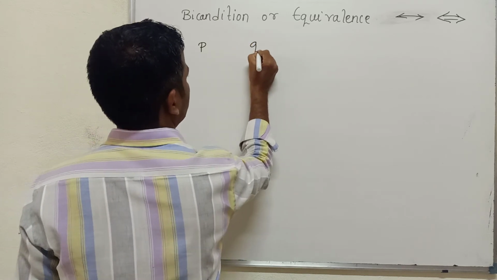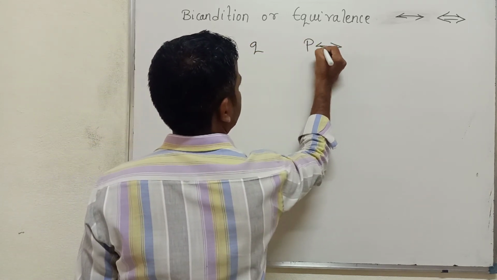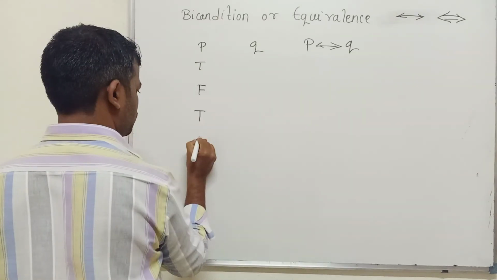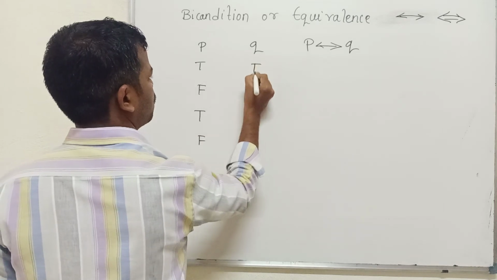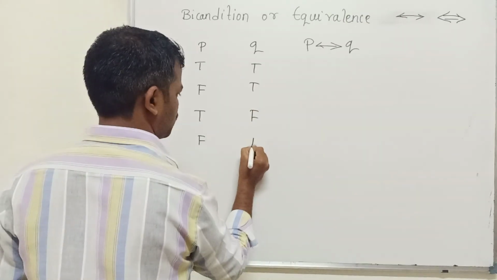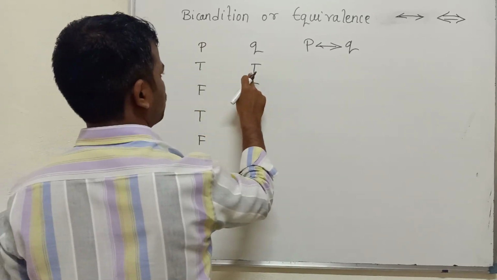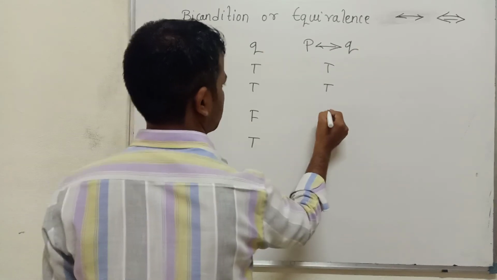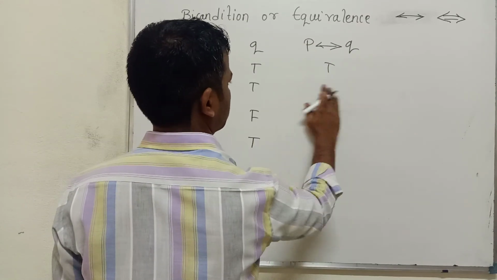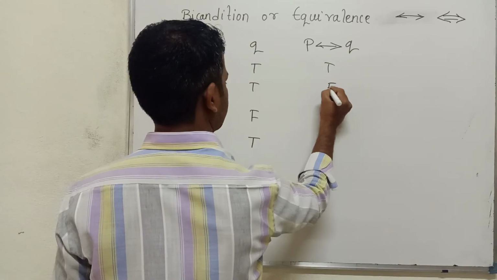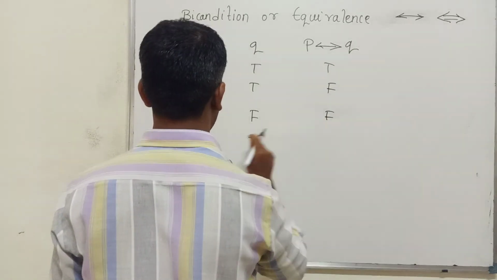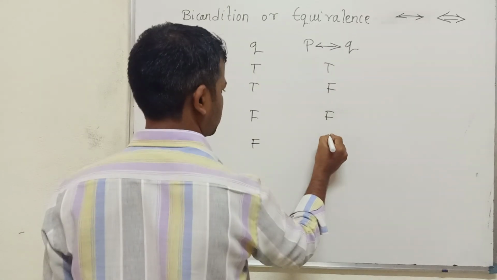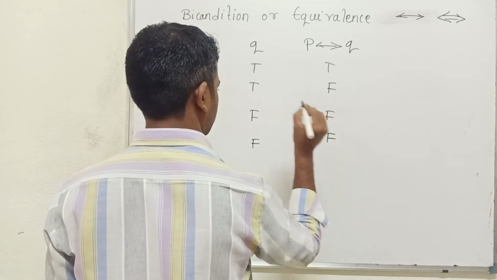P, Q, P biconditional Q. True true true, true false false, false true false, false false true. So that is false.